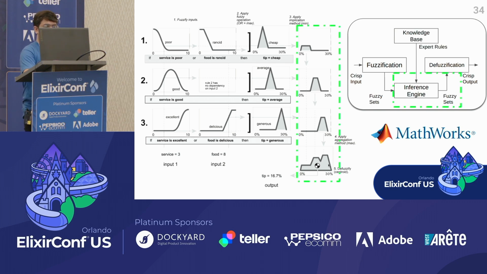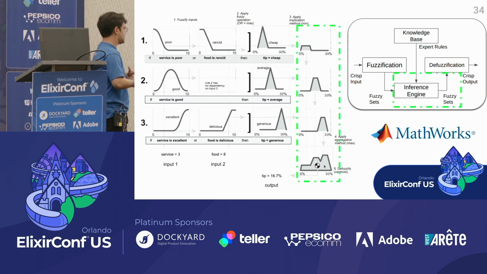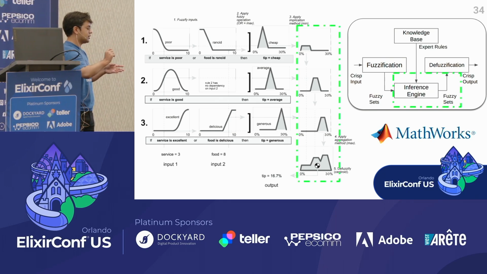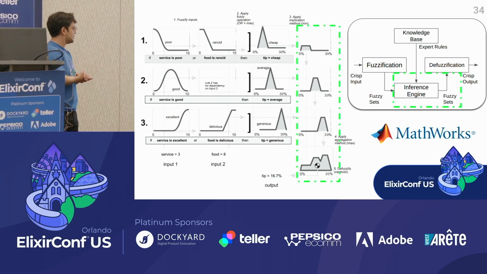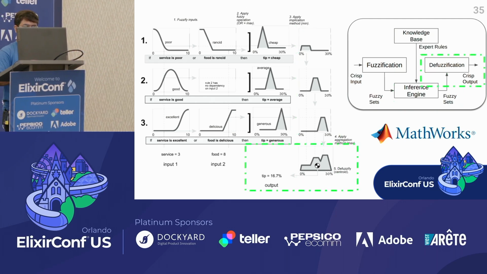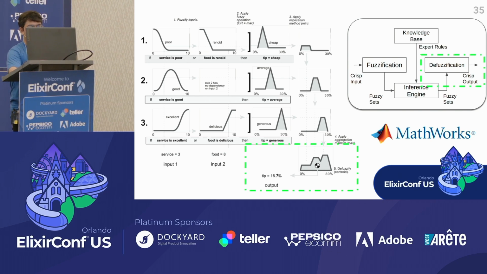We will get a figure just like this, and we can do the defuzzification phase, which means that we can use a mathematical method just for this case. Use the centroid, which means that we are computing the center of mass for setting out the output that we are going to be using. So for this case, it's like 16%.